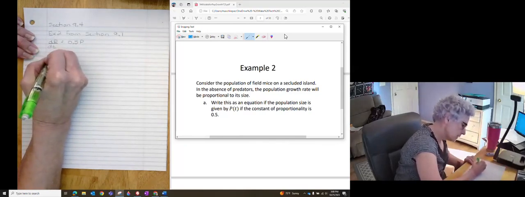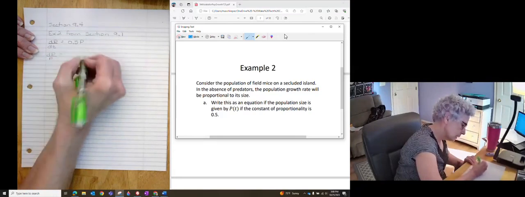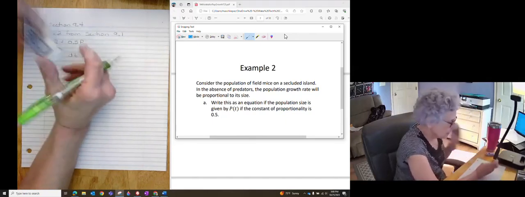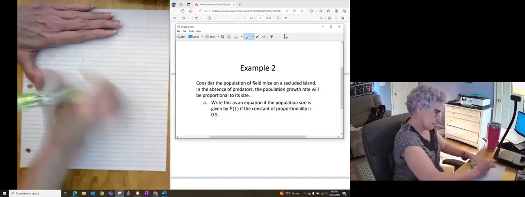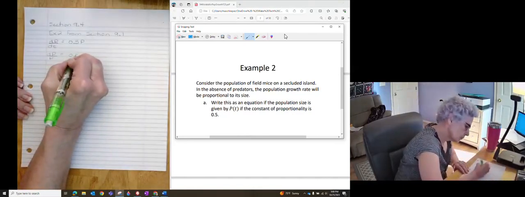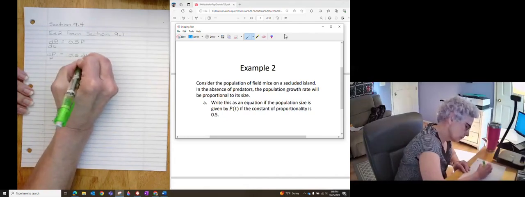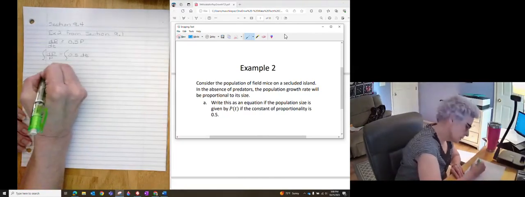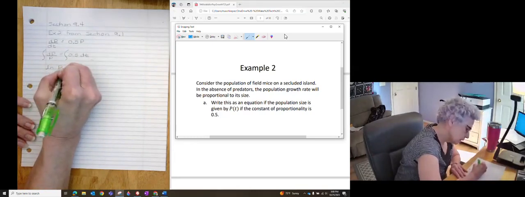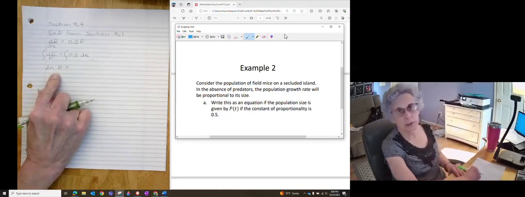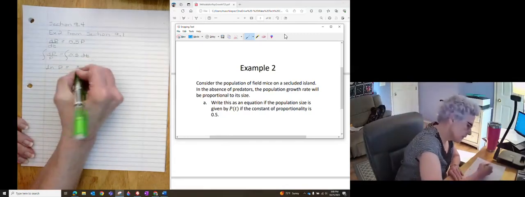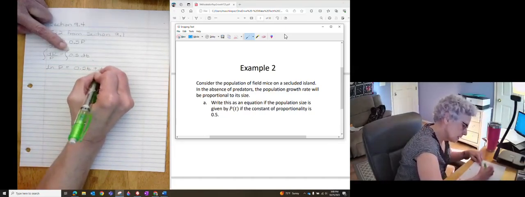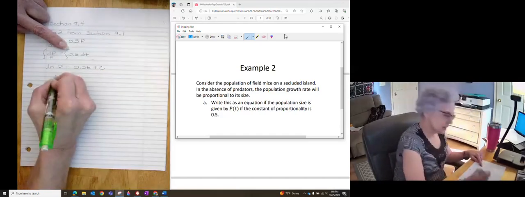So we would have that dP over P is equal to 0.5 dt. I would put integrals in front of those, and I would see that the natural log of P, it's a population, so I'm not even going to bother with an absolute value, is equal to 0.5t plus a constant.